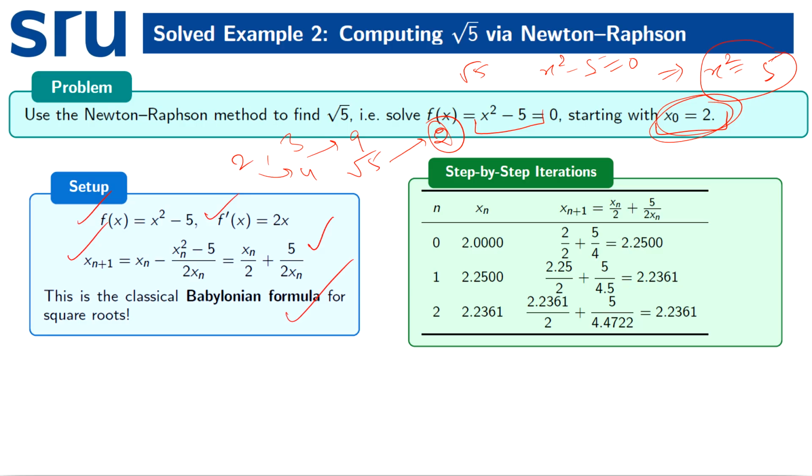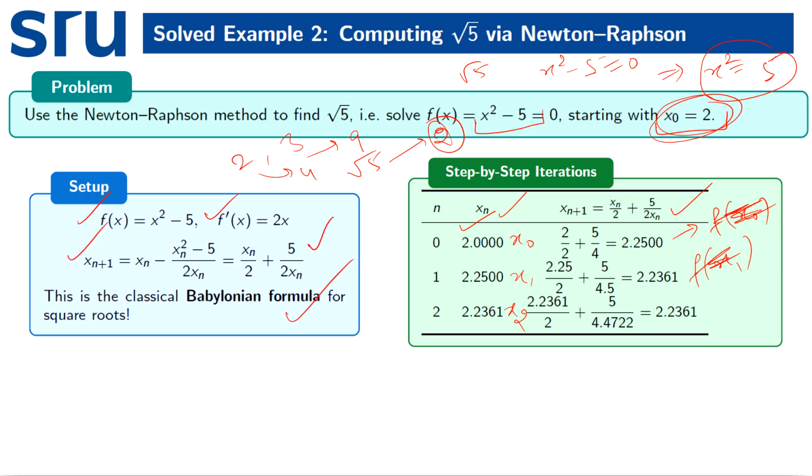In iteration number 1, that is n equal to 0, the initial guess is 2, this is x naught, this is x1, this is x2, and these are the values of this iteration formula, xn plus 1 and xn.